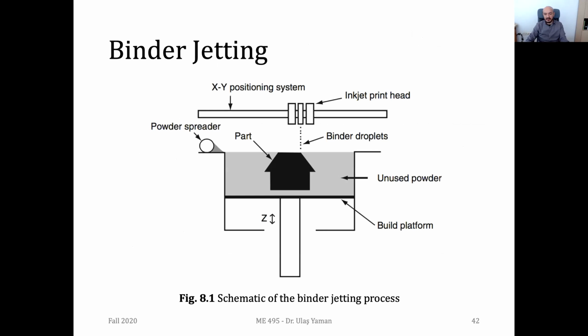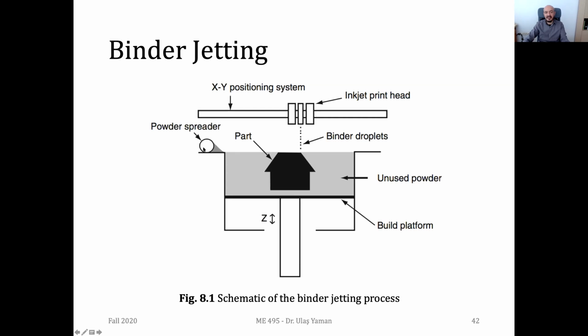And the machine is not complicated. It's very similar to selective laser sintering or other powder bed fusion systems. We have the powder beds, and obviously we will be having some unused powders around. Our building platform is always going downwards after each layer, and we need to have a kind of powder spreader. You will be distributing some powders here. You may be using a hopper or another platform which is going up so that you will have extra powder here.